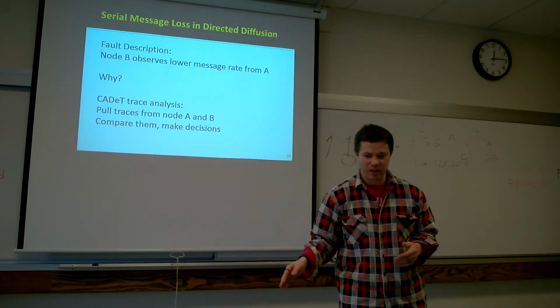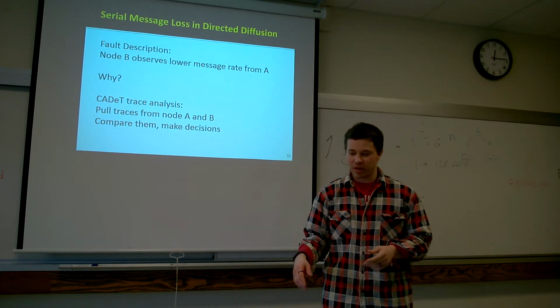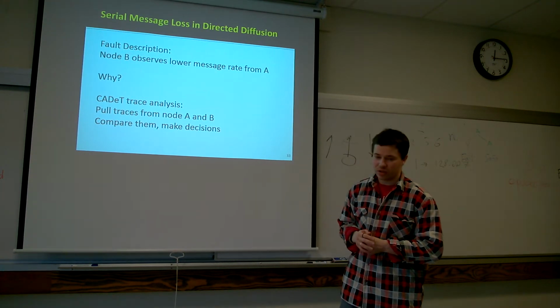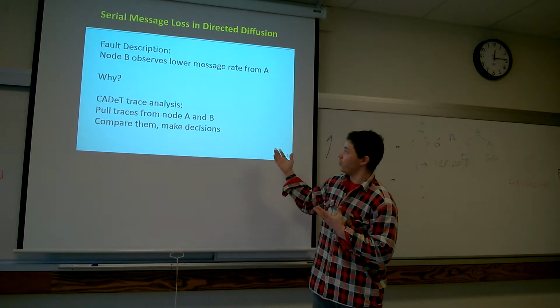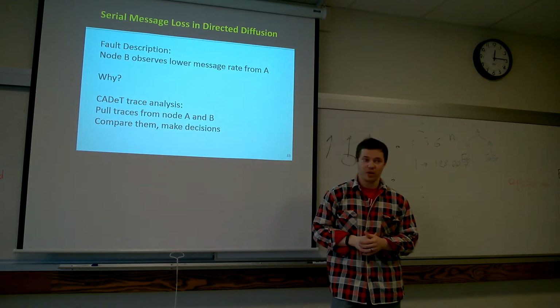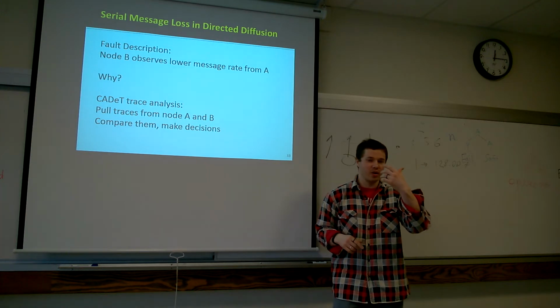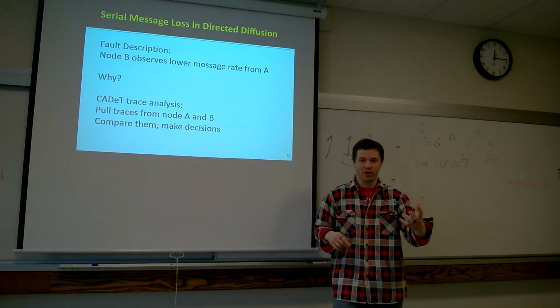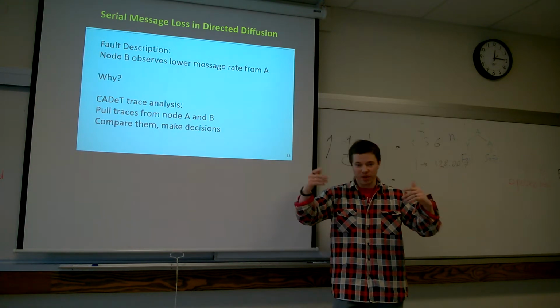Then there was another case study with some parameter checking, but I think this one is more interesting. We have directed diffusion. It's where the sink node can request some information from other nodes. Do you have something? Leave it to me.